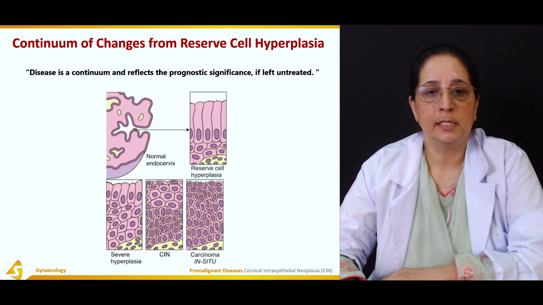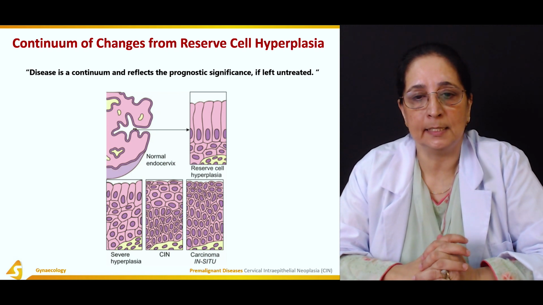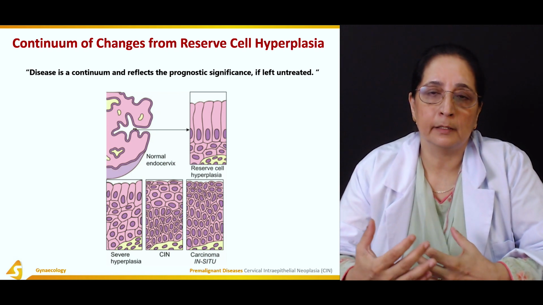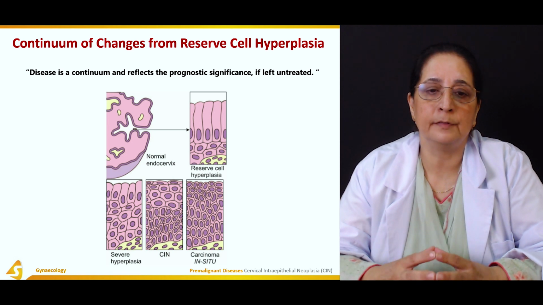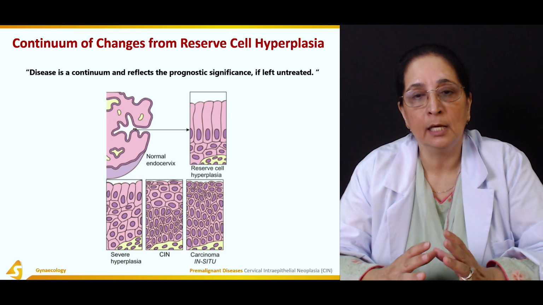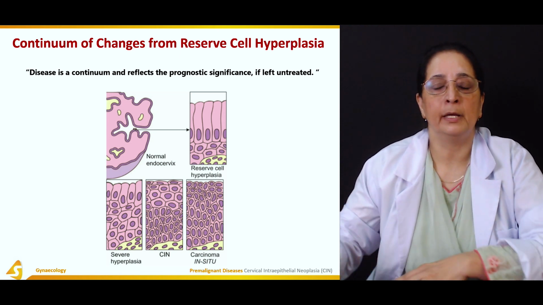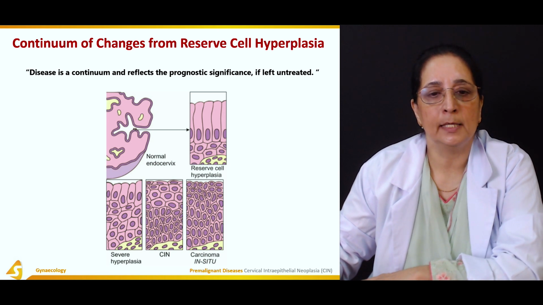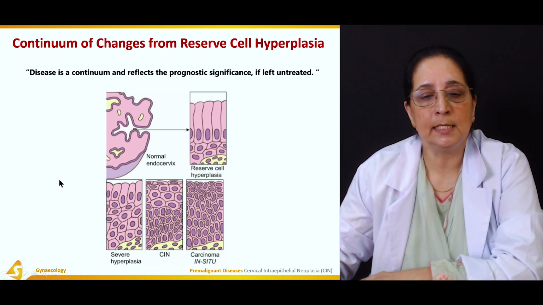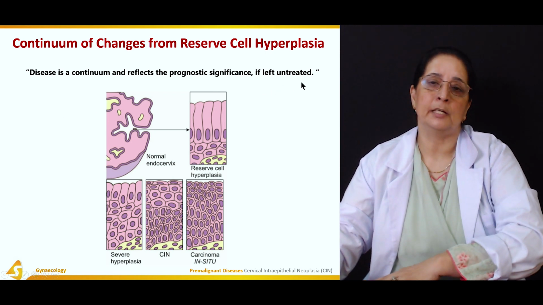Next was the continuum of changes from reserve cell hyperplasia. If there is a presence of reserve cell hyperplasia, what changes can it go through to become the carcinoma in situ? So disease is a continuum and reflects the prognostic significance if left untreated.